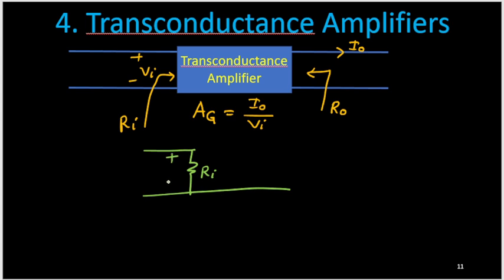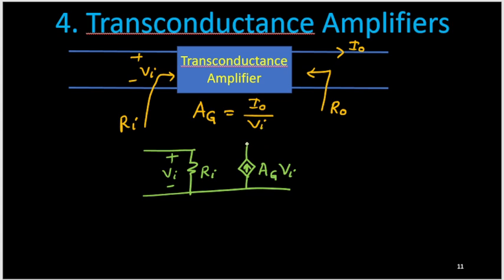Whatever voltage is developing across this Ri, depending on that, we should get a current. So here I need to consider one current source, which depends on this voltage Vi. Its value, I naught, will be Ag times Vi.